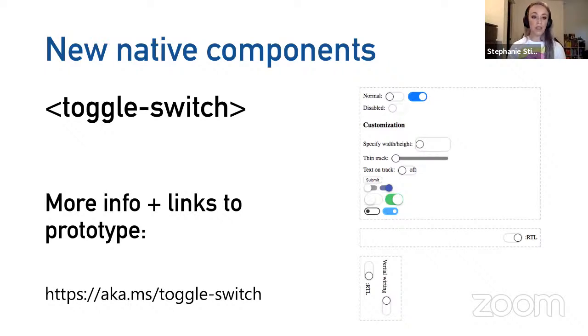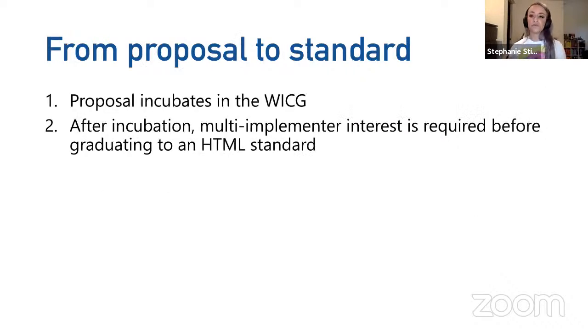So more info is at aka.ms/toggle-switch, and there's actually a prototype that you can go play with, and the Chrome team would love feedback on that to ensure that it functions the way you expect a toggle switch to function. And so right now these are just proposals in the WICG, the Web Incubator Community Group.